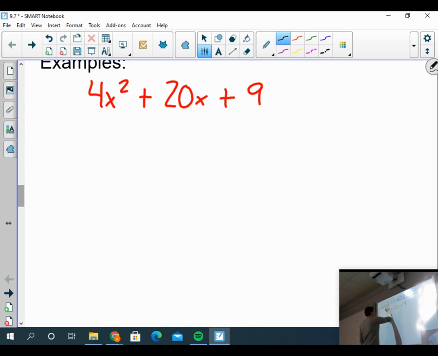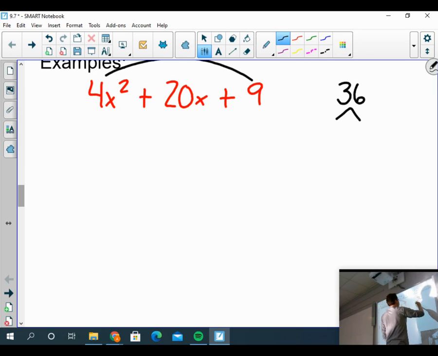So since this isn't a perfect square trinomial, I'll factor it the traditional way. There's a number in front of my first term, so I multiply that with my c value, and I get 36. I identify the factors of 36.